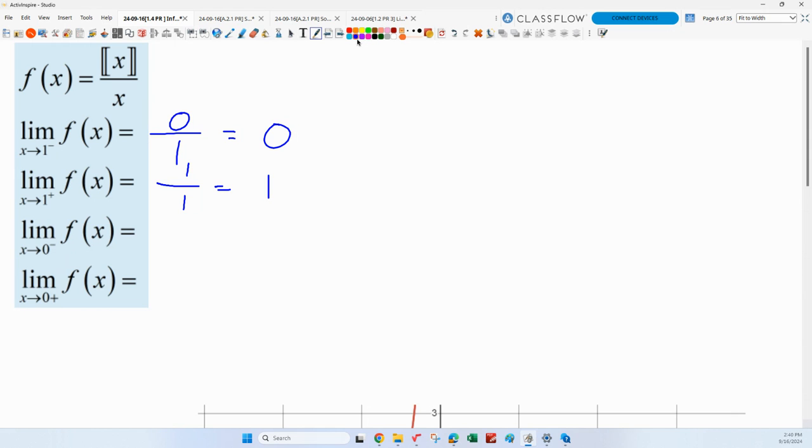So then you tell me, what is the limit of this function as x approaches 1? Doesn't exist. Because the two one-sided limits, though they exist, do not agree. So there is no two-sided limit.